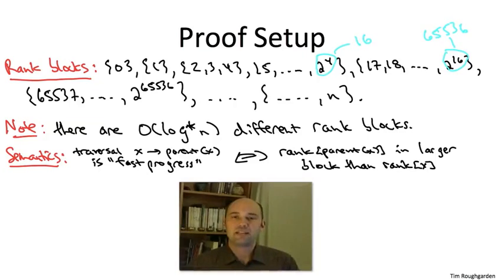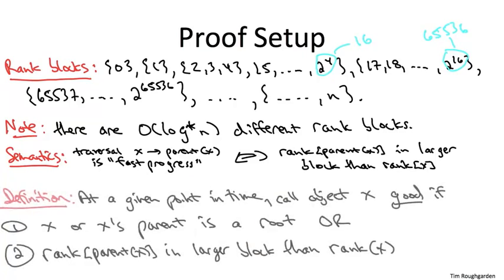So let's build on that idea to make another definition. So consider a given snapshot in time. That is, we've done some sequence of finds, we've done some sequence of unions. So we're going to call some objects at this point in time good and some of them bad. Here are the criteria by which you are good. So first of all, if you're the root of your tree, you're going to be good.